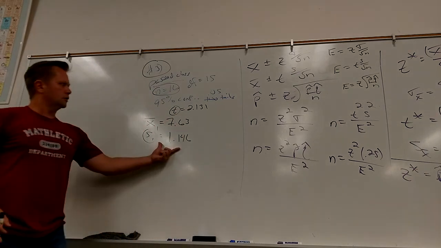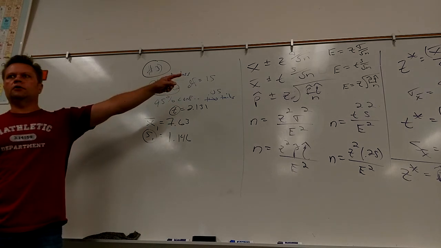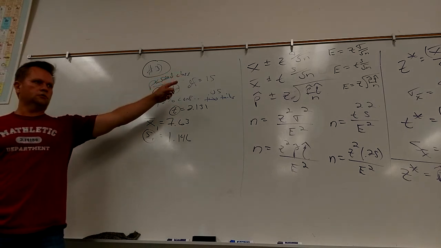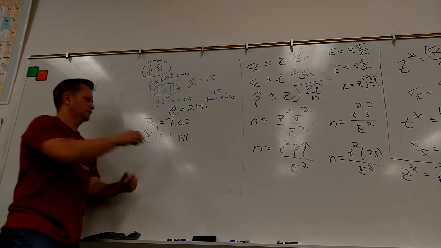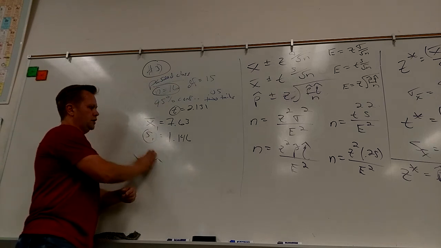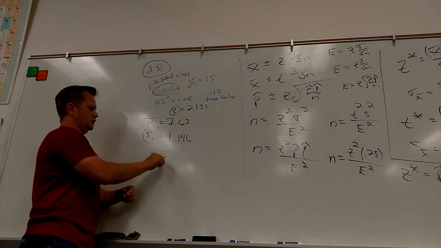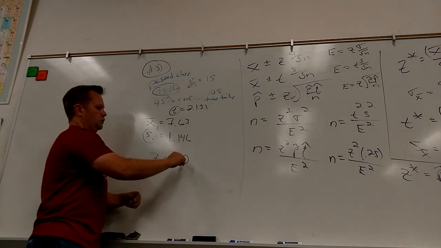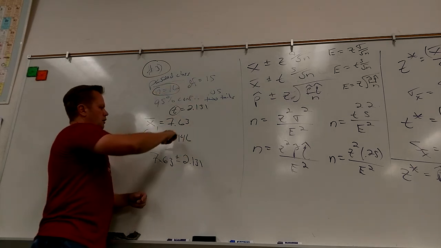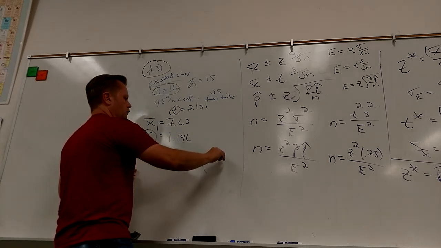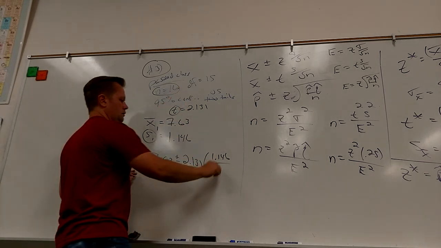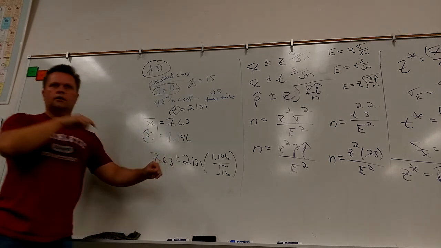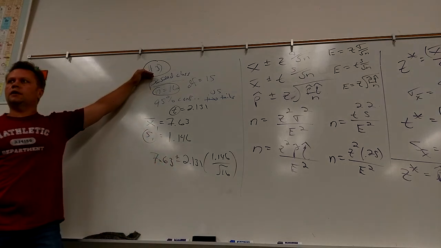Okay, and then I just have to plug and chug what I know in there. So if I put this in, I get 7.63, give or take, t-score 2.131, times 1.146 divided by the square root of 16. To do the failed class would be the same thing.